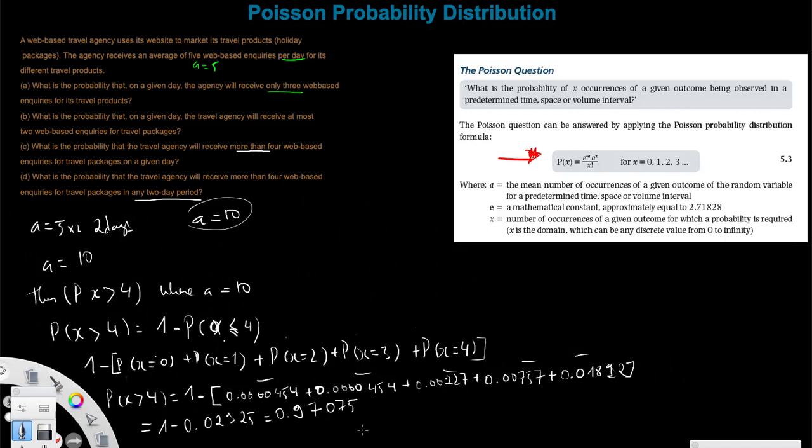I got this final answer, and when I put it in percentage, it means that I have a 97.1% chance that the travel agency will receive more than 4 web-based inquiries for the travel package in any 2-day period, when the average number of web-based searches is 10 per 2-day period. So this is how you work out a Poisson probability.